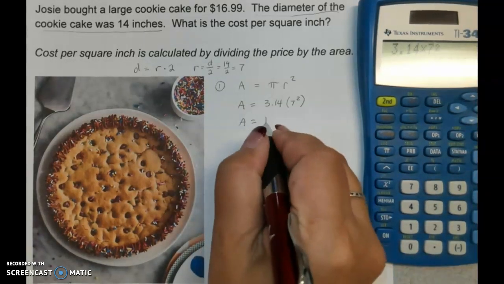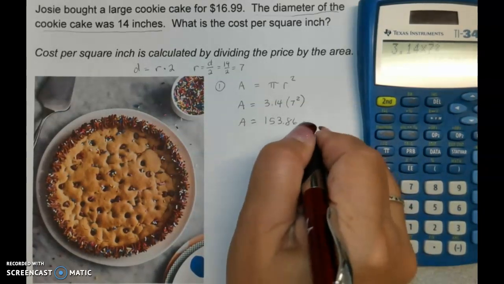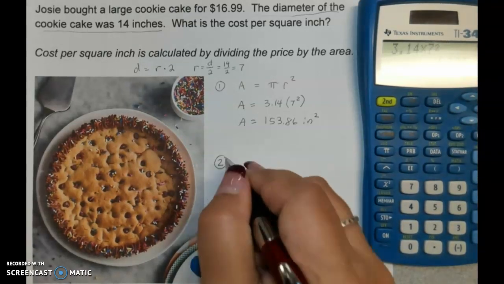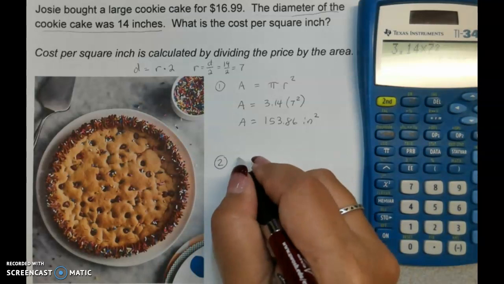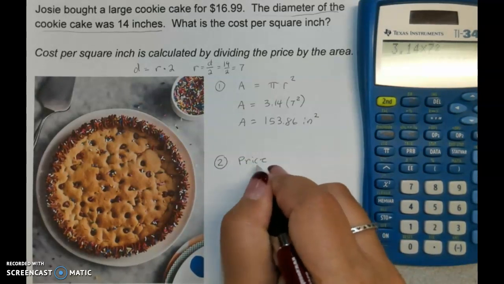And I get 153.86. And that's going to be square inches. So the area of the cookie cake is 153.86 square inches.